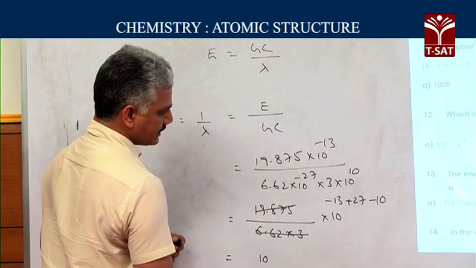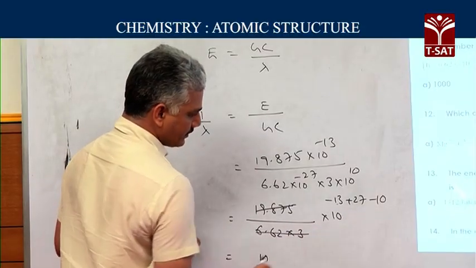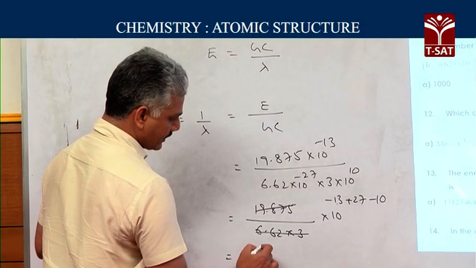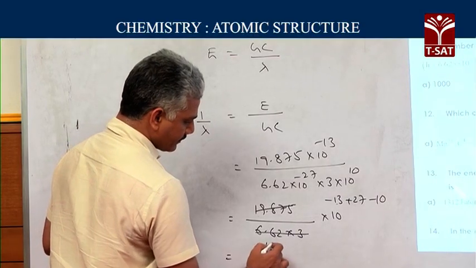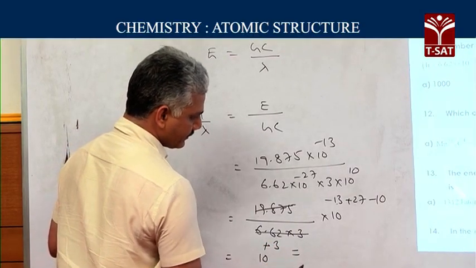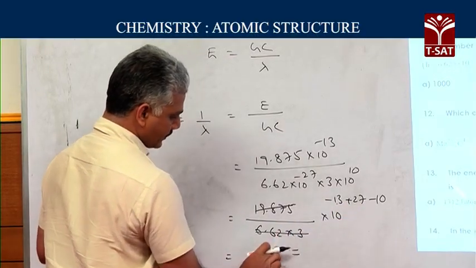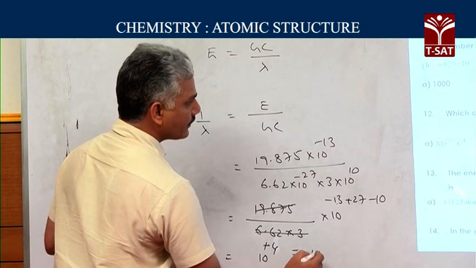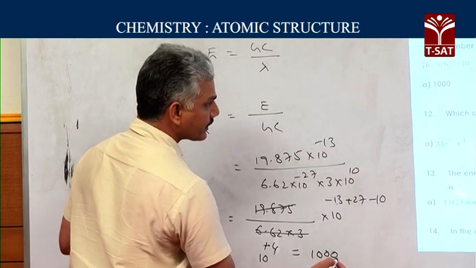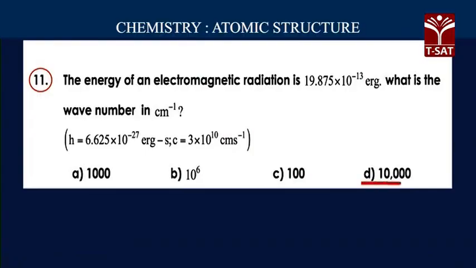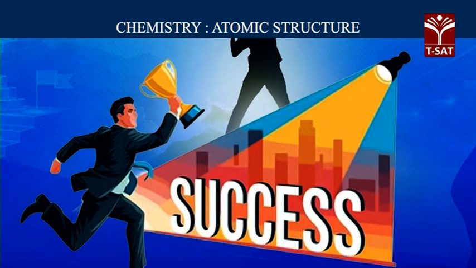So, the value is 10 power minus 23 plus 27, that is plus 3, plus 4. So, 10,000 is the answer. So, for the 11th question, correct option is D, 10,000.